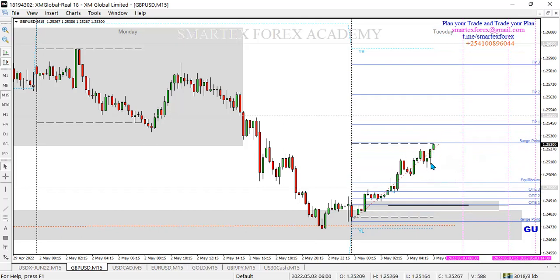And as people can see, these are compression, so we expect a return to these zones. OTE can be during London Open or New York Open. Those are the times I expect my setup zones, then I'll be buying from this zone.